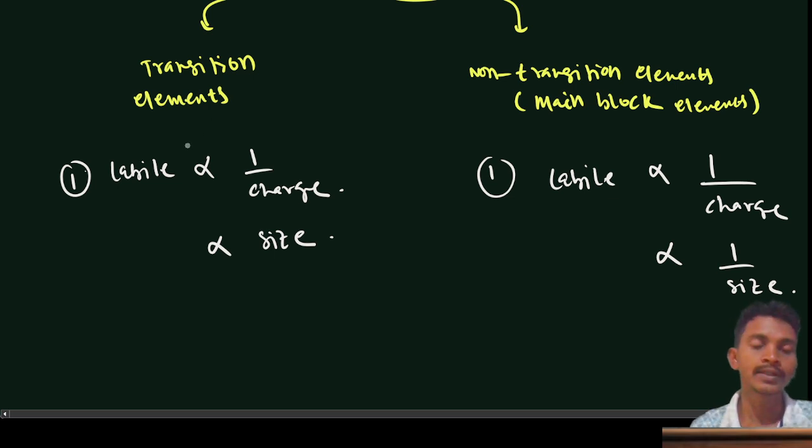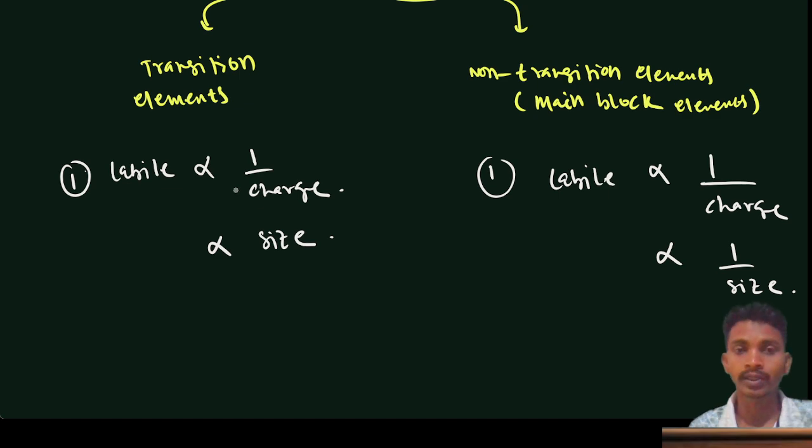So for transition metal complexes, if the charge is high, then the lability is less, and if the size is high, then the lability is high. But for non-transition elements, in both cases it is inversely proportional. If the charge is high, the lability decreases, and if the size is also high, then the lability also decreases.